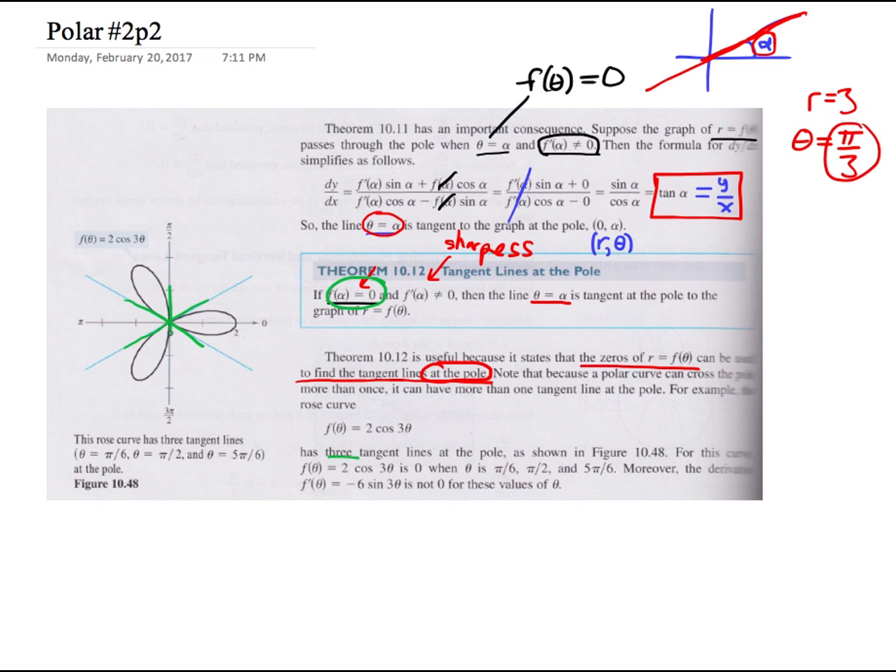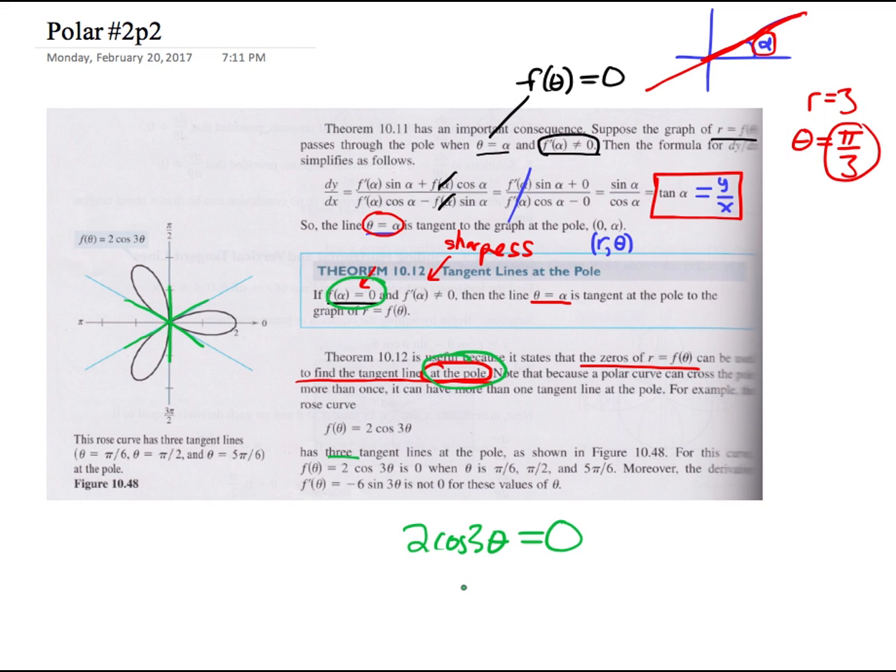There's also this one, right? For this curve, if you set it to 0, in other words, see what angles alpha make it 0, look at the zeros, you'll also be able to find the tangent lines at those spots. So that's the great part about this theorem. You can translate zeros into tangent lines at the pole. At the pole, not somewhere else.